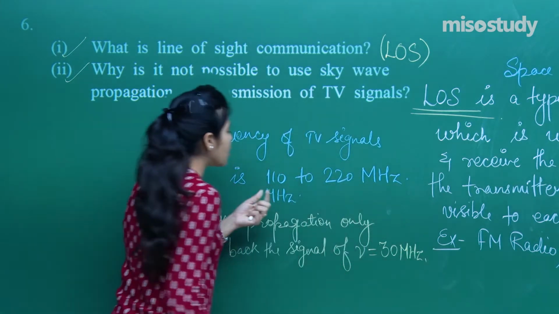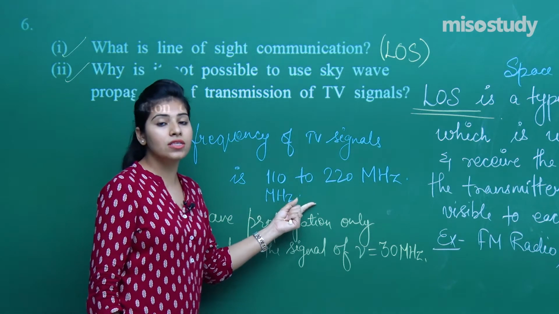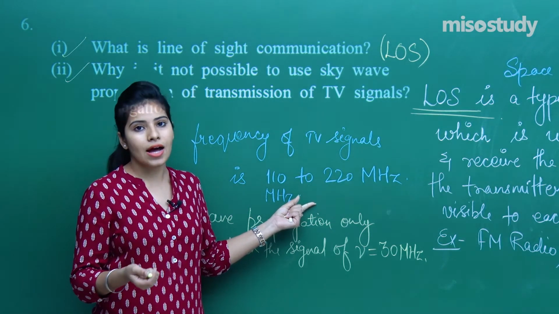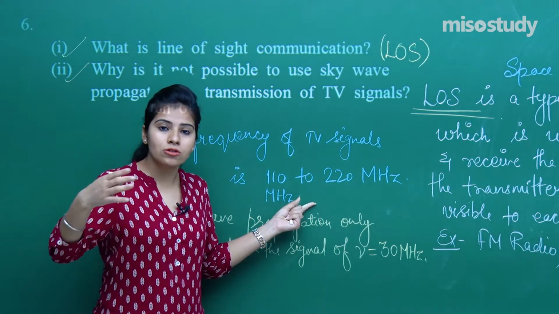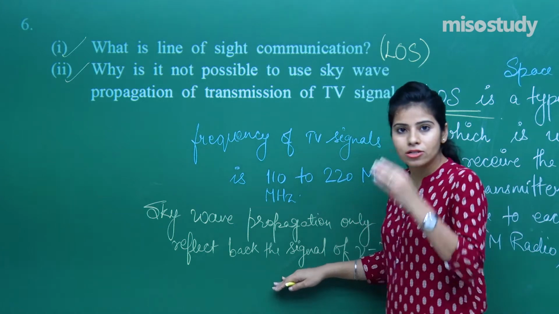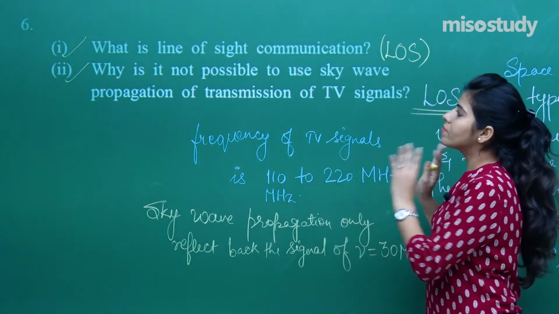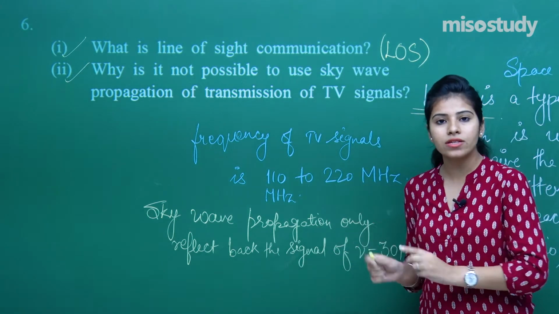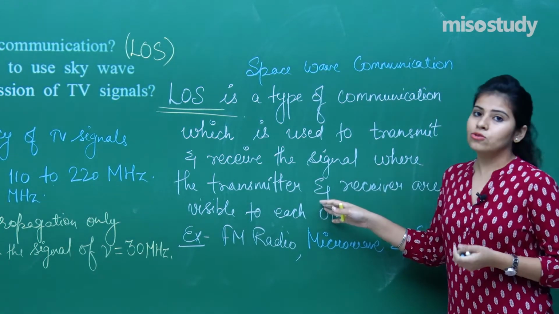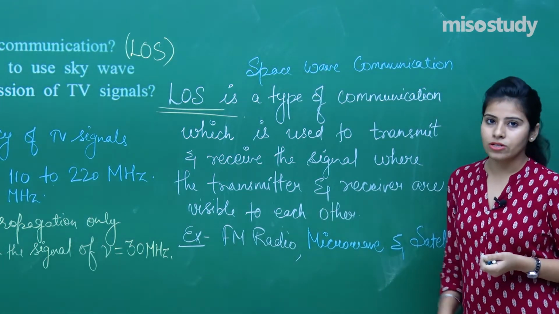So that means if you are using this much of frequency, this will not be able to reflect it back with the sky. It will be transmitted to the sky and it will not be able to come back to the earth. So we have done the 6th question. Take a note of this definition, because again it is an important one, so that I can begin with the next question.